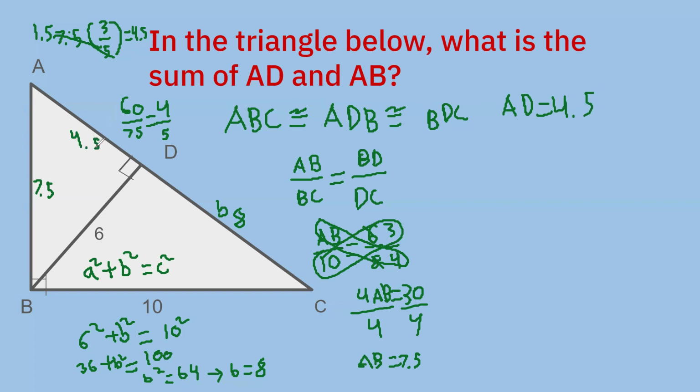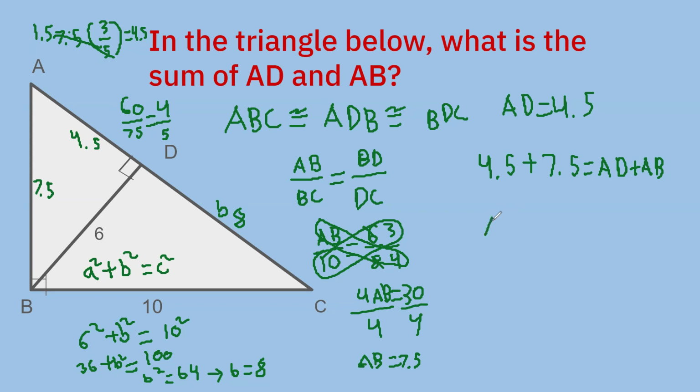So then here we have 4.5. Loving it. So it's asking for AD plus AB. So we're going to do 4.5 plus 7.5, right? Equals AD plus AB. And that equals 12.